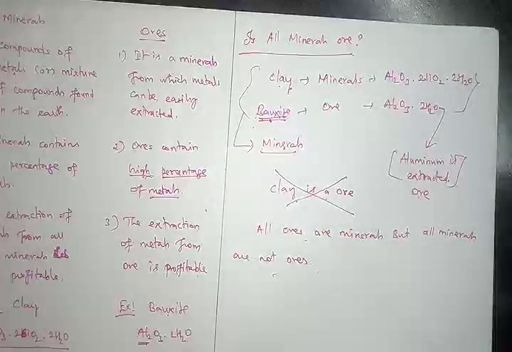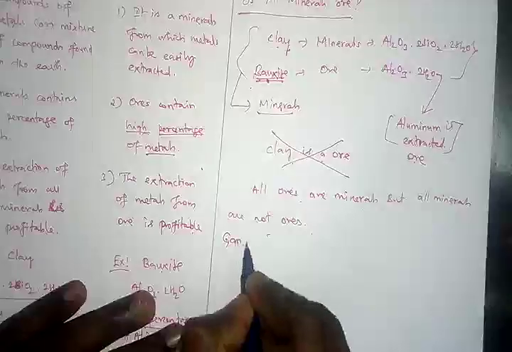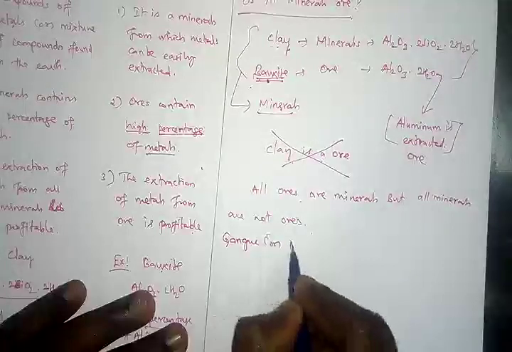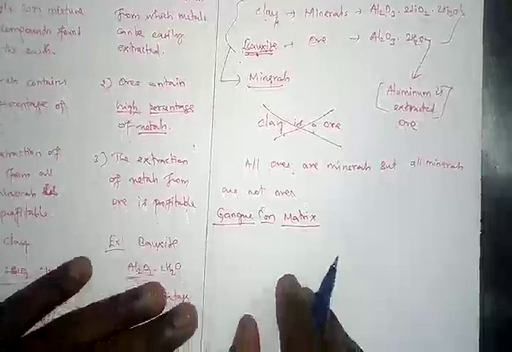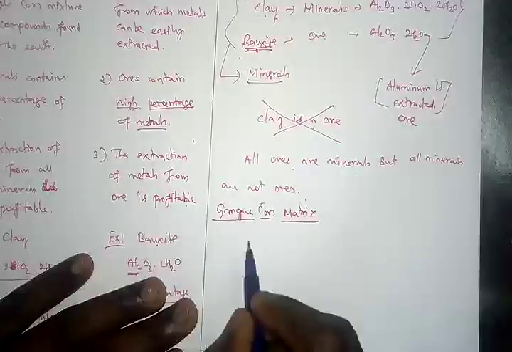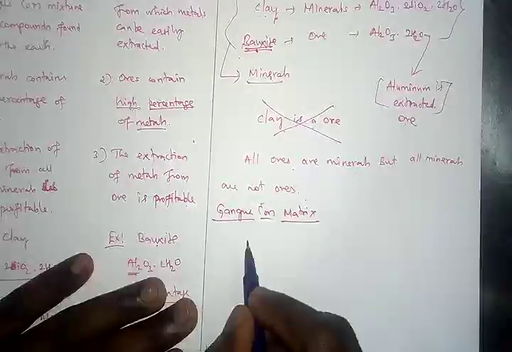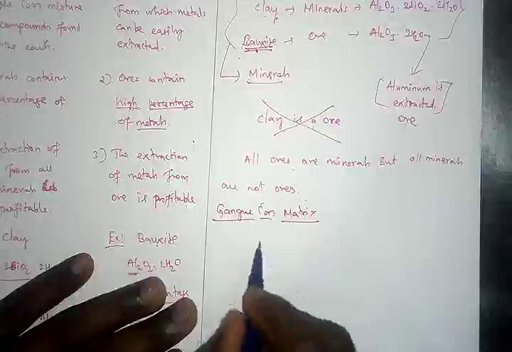Next we will go to the other term, that is gangue or matrix. Now tell me, what is meant by gangue? When you extract ores from the earth's crust, they are associated with impurities.